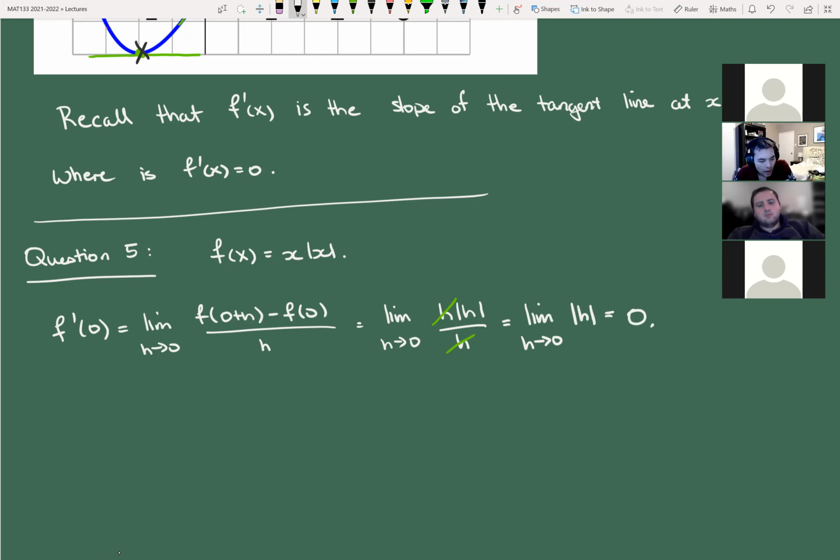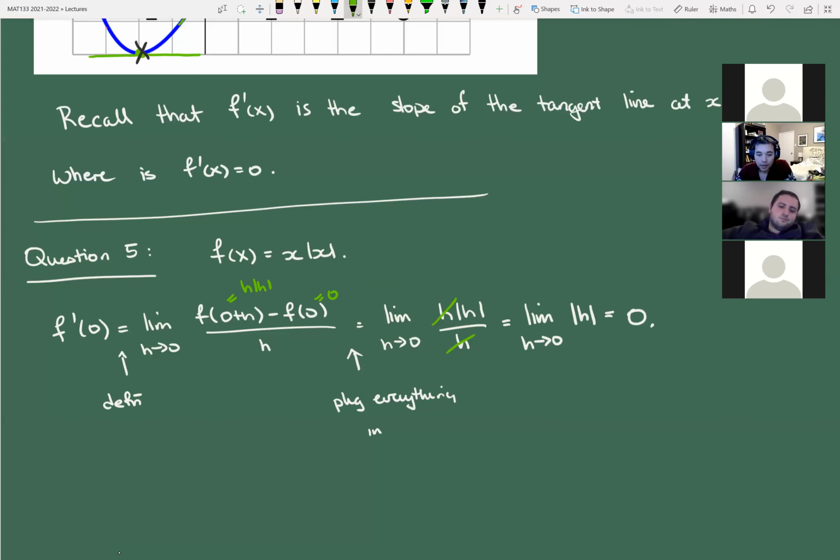How do I go from one step to another? So this is the definition, and this is me plugging everything in. So f of 0, this thing here, that's equal to 0. This thing here is h times the absolute value of h.